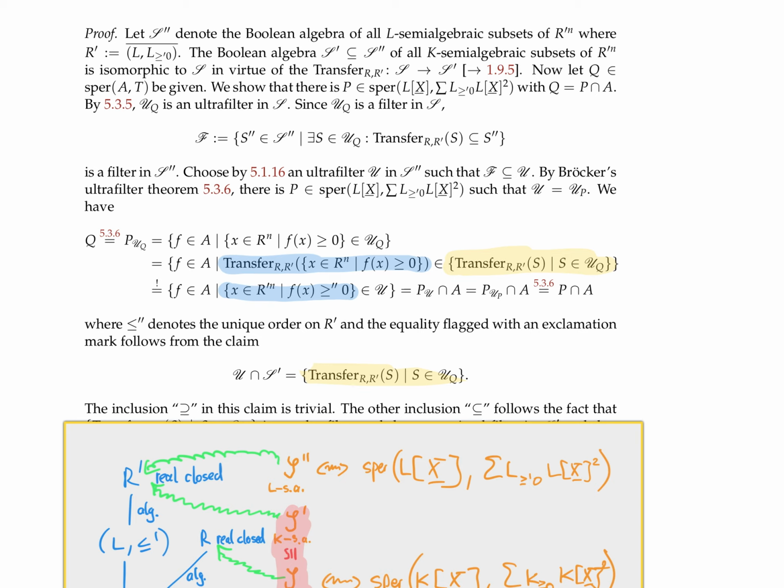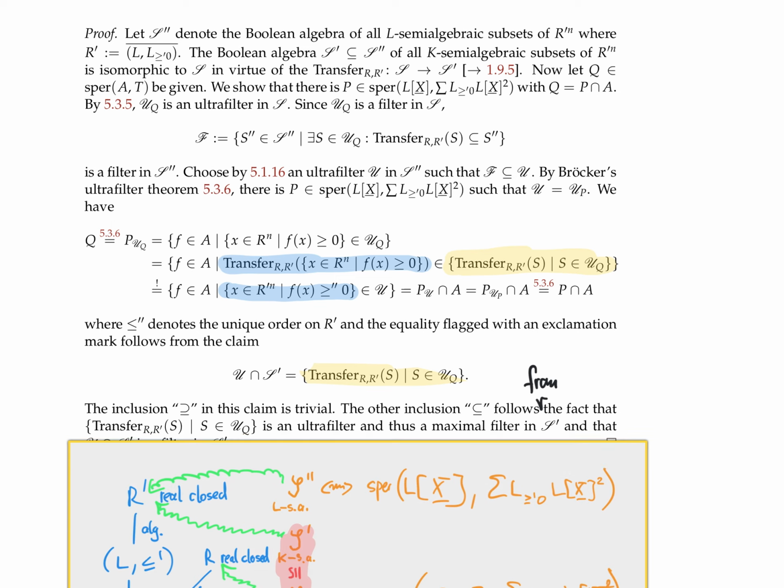So the other direction from left to right follows from the fact that this is an ultrafilter.